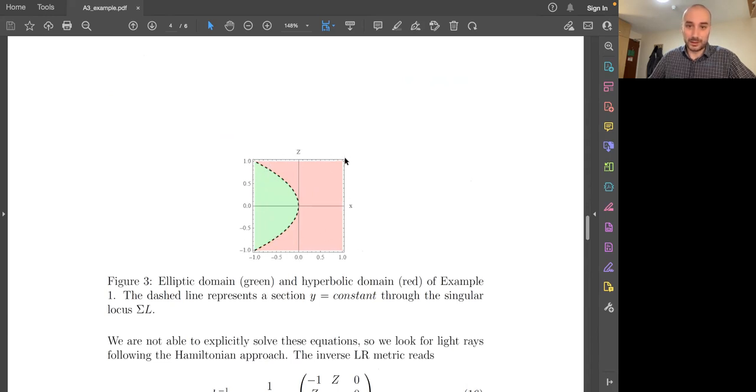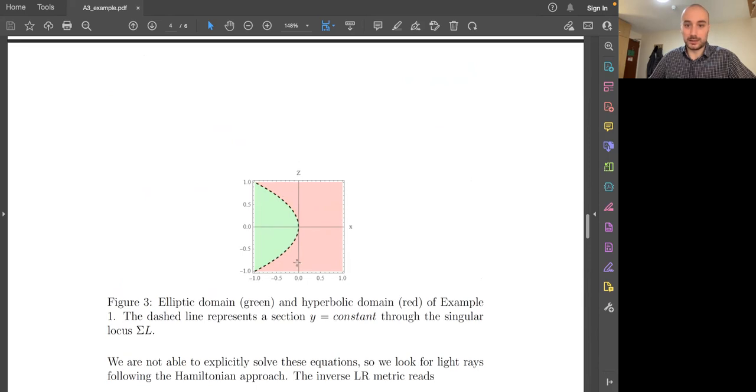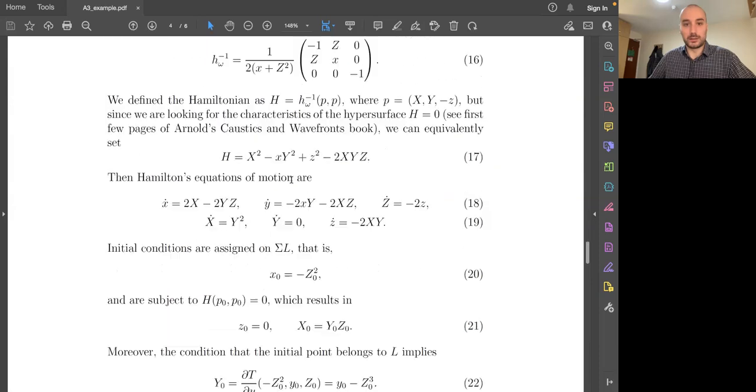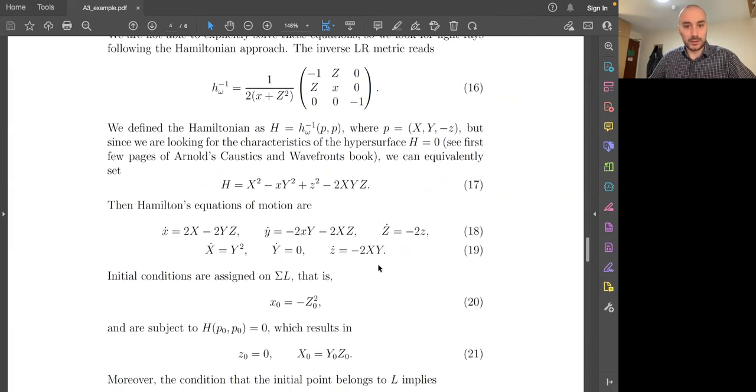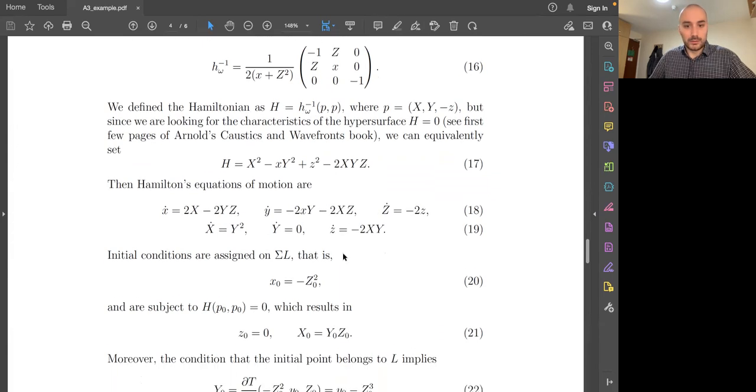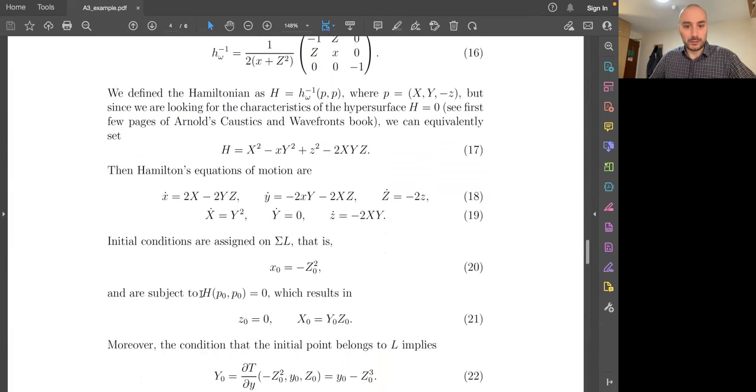If this square represents L, we need another square to represent the cotangent bundle to it. And this function, this H, is going to be a function on that. Then we can write the canonical equations like this, which are subject to the initial condition to be light-like.